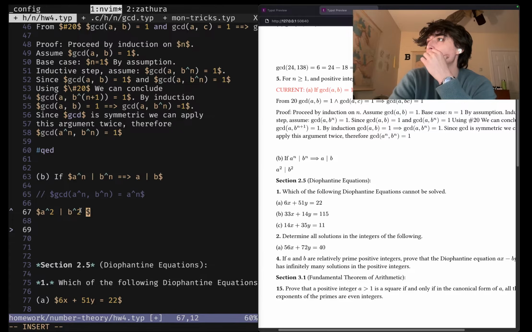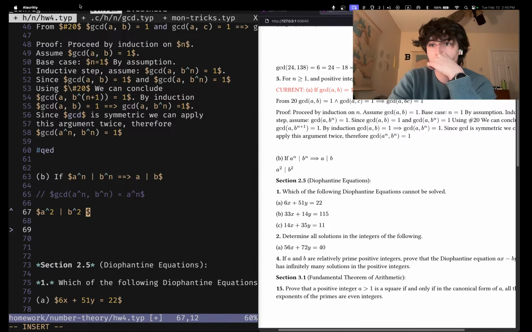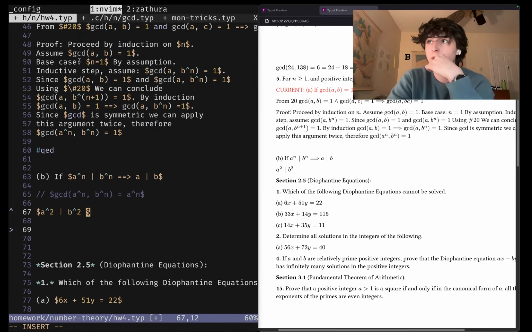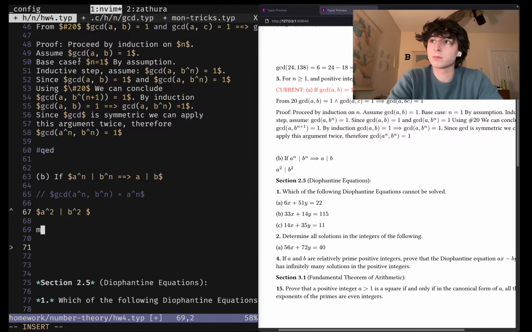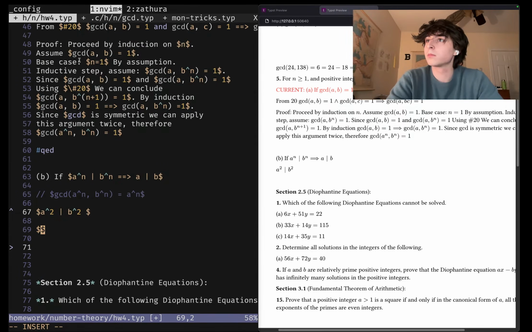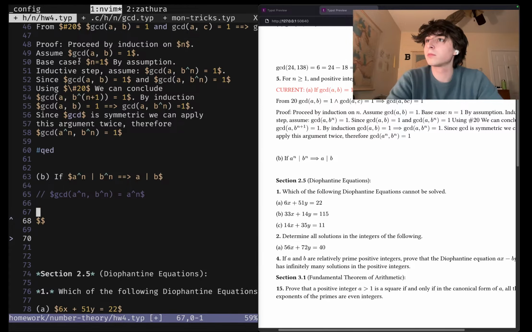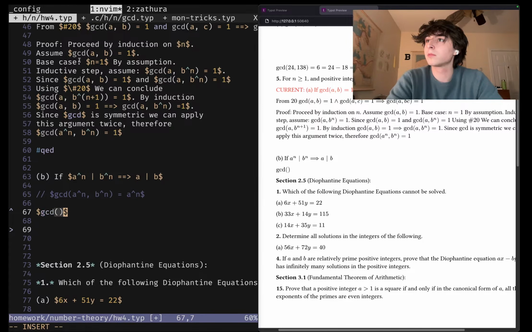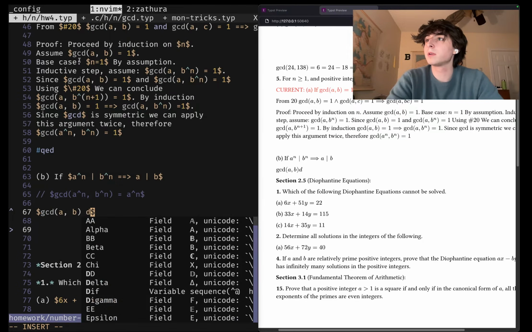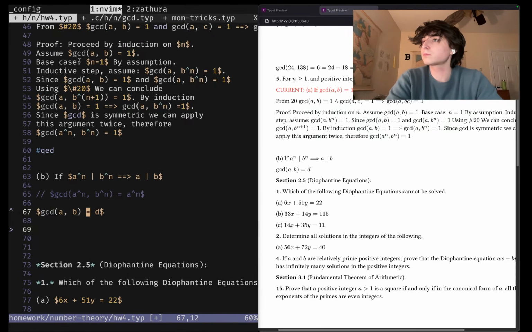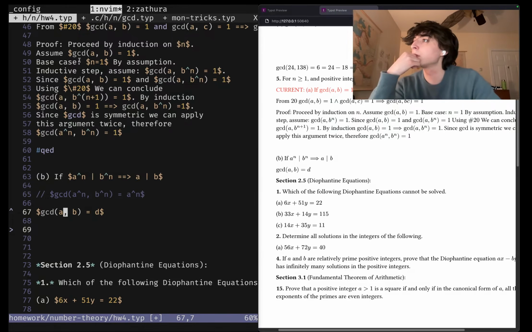So if we give the GCD of A and B some name, let's call it D, and we want to show that this D is actually equal to A, then we're pretty much done, up to some details. If we can show that D is equal to A, then we're good.